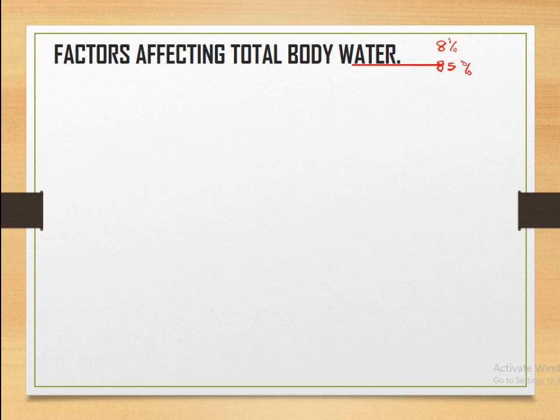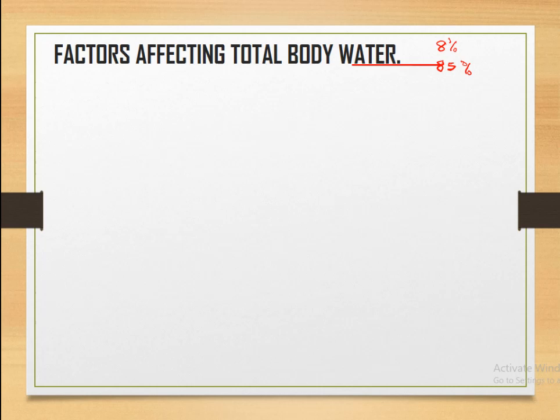The same applies to human beings: the amount of water also varies from one person to another. The amount of water that I have is totally different from that of another person, who is maybe aged, maybe a baby.